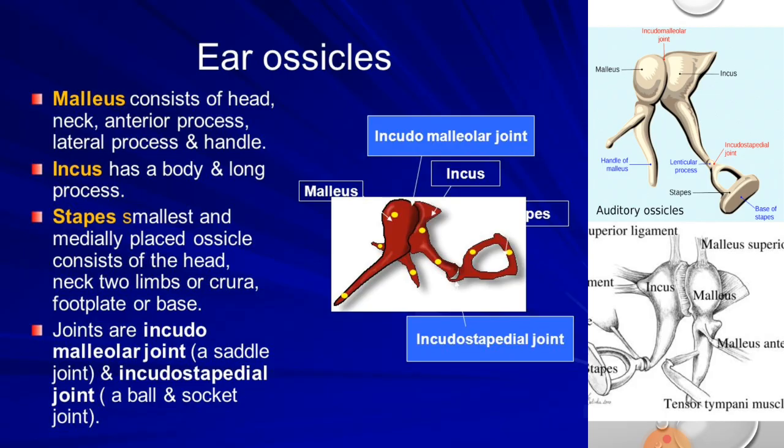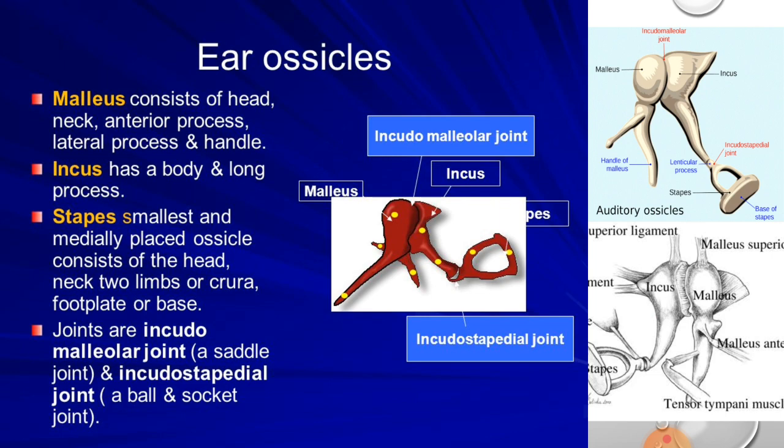Okay, here you can see the three ossicles: the malleus, the incus, and the stapes. The malleus has a head, a neck, an anterior process, a lateral process and a handle. The incus has a body, a short process, a long process, and a lenticular process. The stapes is the smallest of the three and is placed medially.